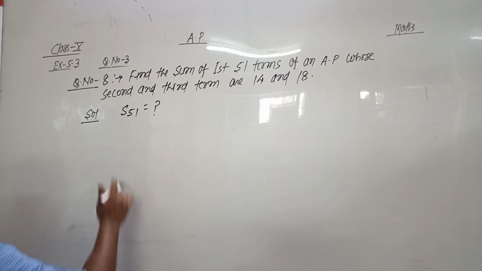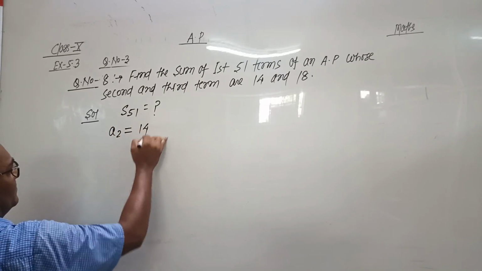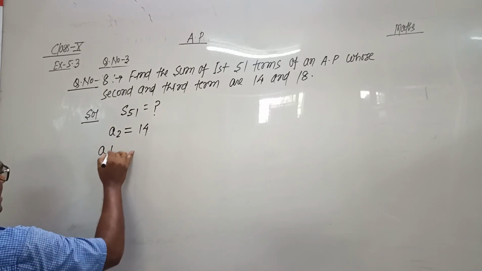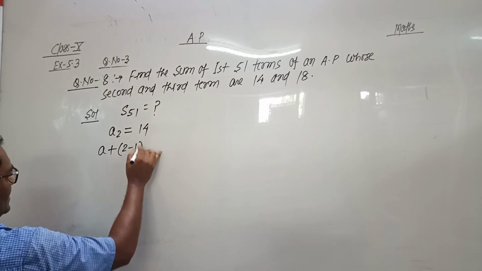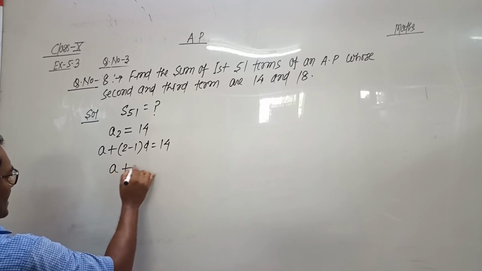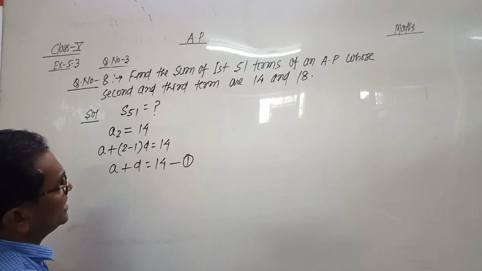And the second term, A2, is 14. The formula for finding A2: a plus 2 minus 1 d equals 14, means a plus d equals 14. This is the first equation.